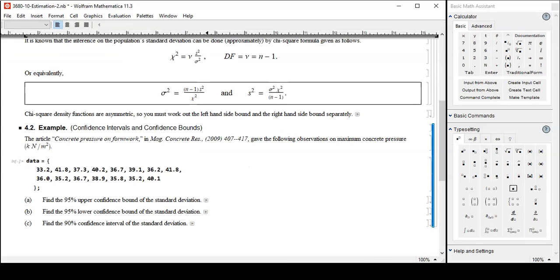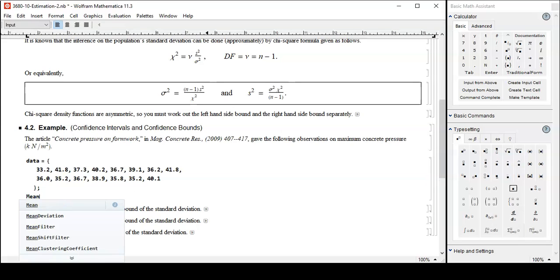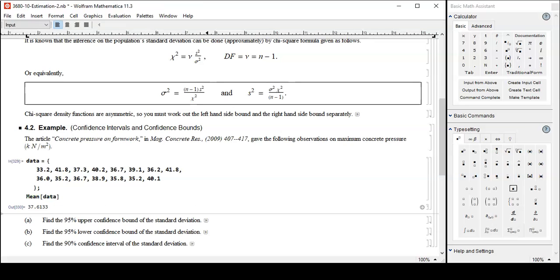Please stop the playback and read through the problem. Okay, this is about concrete pressure. And here's the data. And then let's see, what's the mean? 37 point something.